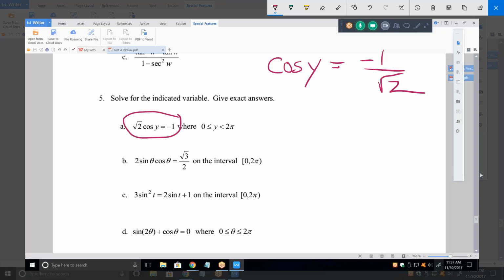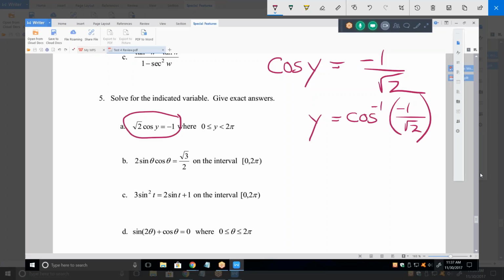So what is Y equal to? Inverse cosine of negative 1 over root 2. Don't drop negative signs. Now I don't care if that's an irrational denominator, because my point here is to figure out what this angle is. So where does that occur?